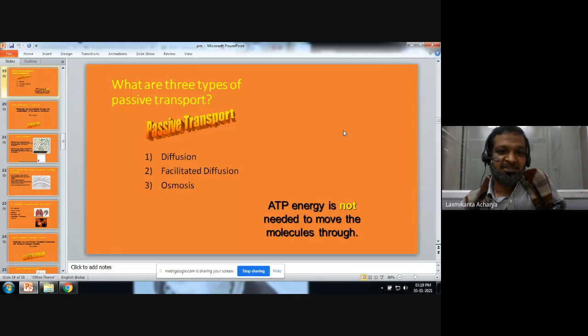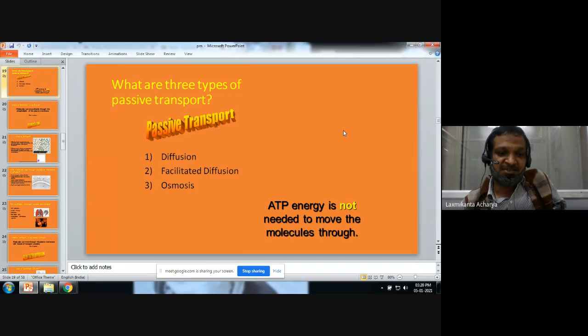Through normal diffusion, the small molecules and even water move at a very slow rate. So for a rapid movement or for the movement of larger molecules, you need facilitated diffusion. And this facilitated diffusion is done by what?